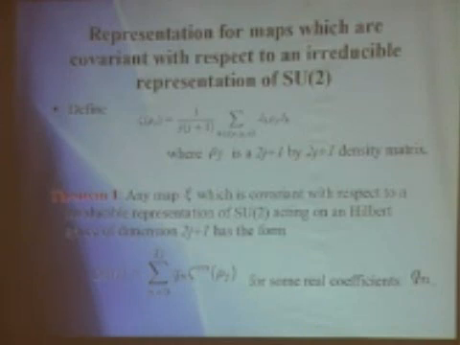Then what I say is that any map chi, which is covariant with respect to irreps of SU(2) that act on some space of dimension 2j plus 1, has a polynomial form with respect to the map zeta. So chi can just be written like this.